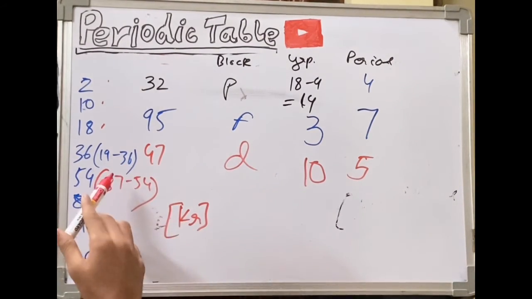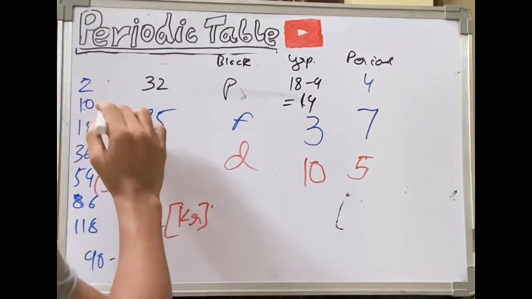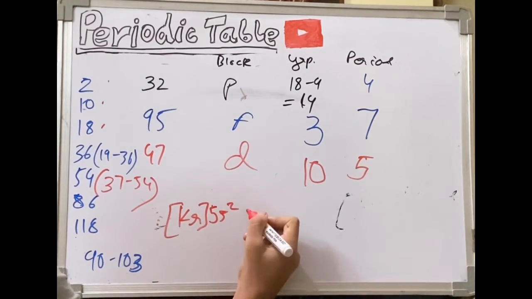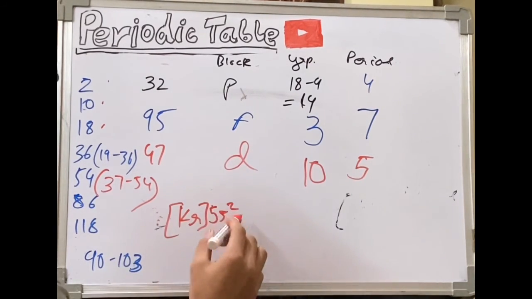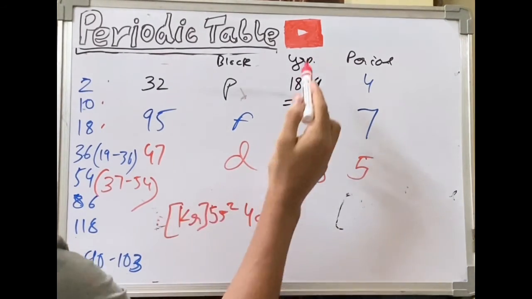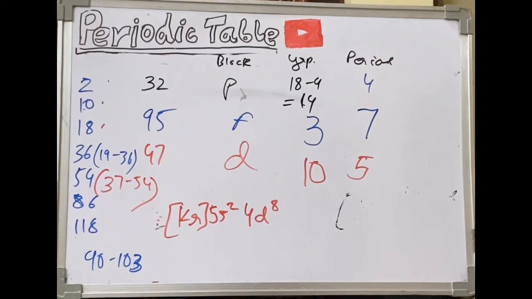Then which group are we dealing with? 1, 2, so 5s2. Then there will be 4d, and which group? 10. So it will be 4d8. This will be the electronic configuration of the element having atomic number 47.